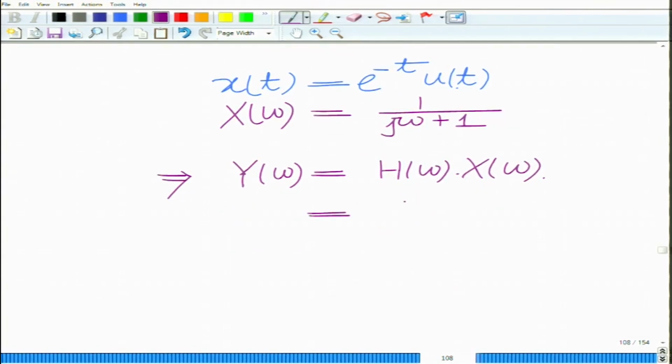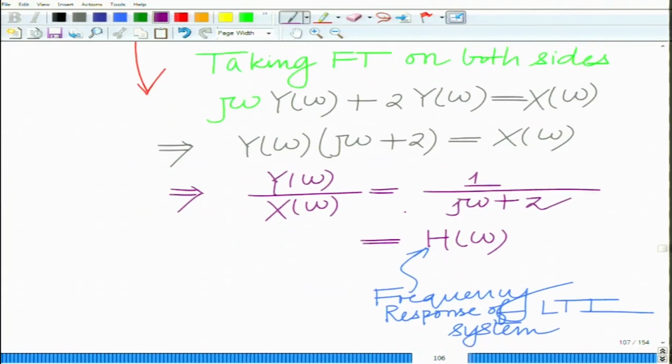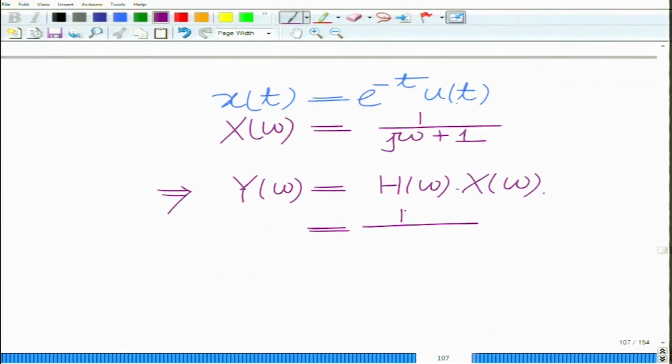We already know H(omega) is 1 over j omega plus 2, times 1 over j omega plus 1.